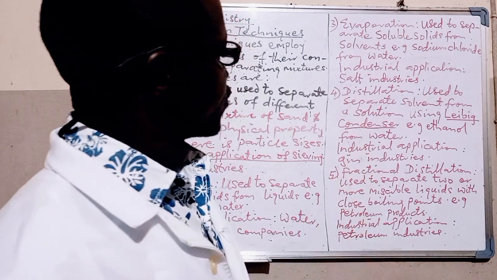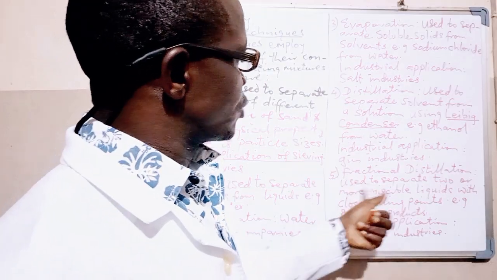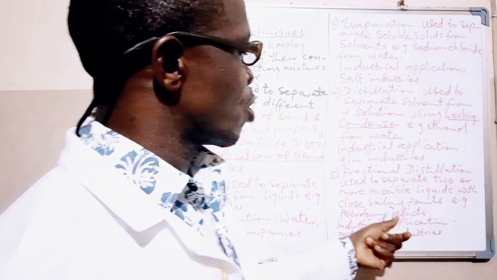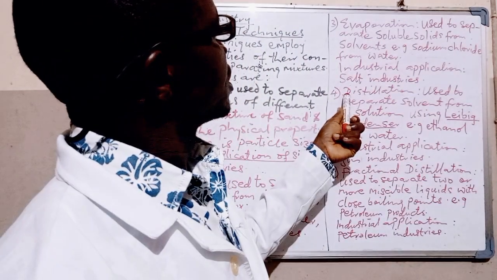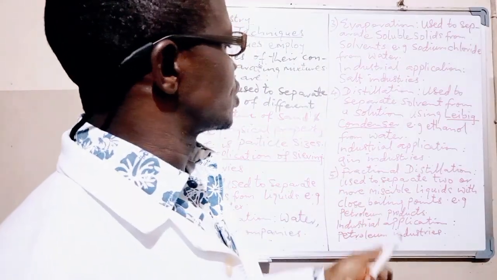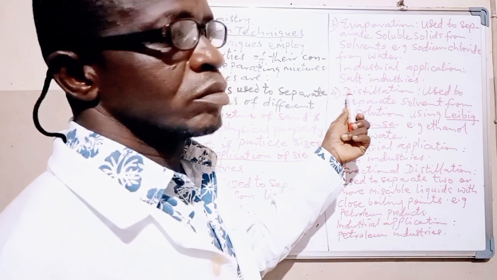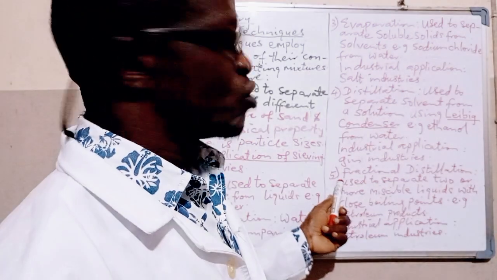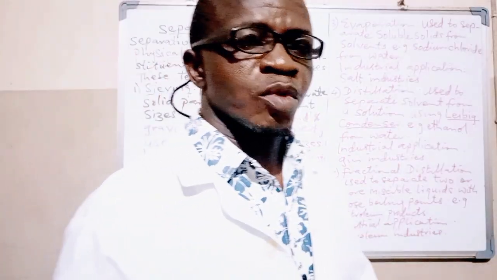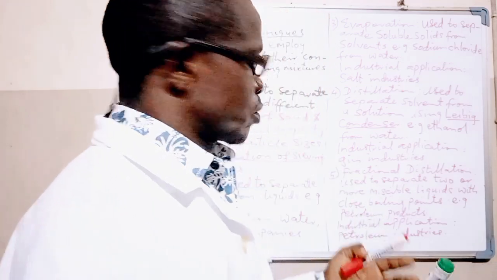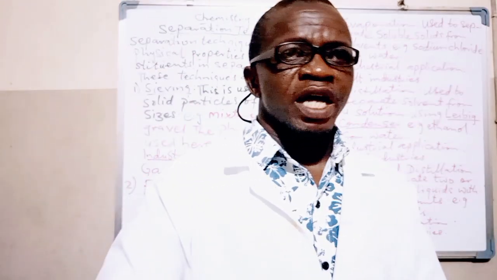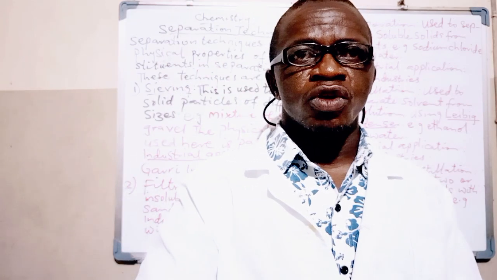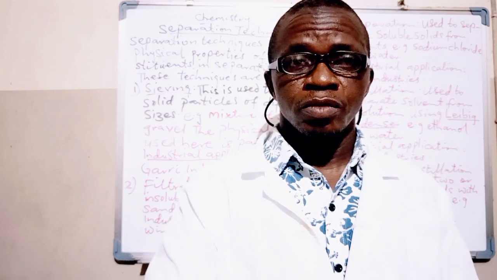Let's go over to fractional distillation. It is used to separate two or more miscible liquids with close boiling points. The difference between simple distillation and fractional distillation is that in simple distillation you are separating one component of the mixture, whereas here you are separating as many as possible, two and above, with close boiling points. For example, you have petrol, kerosene, diesel, gas, and so on in petroleum, or crude oil.